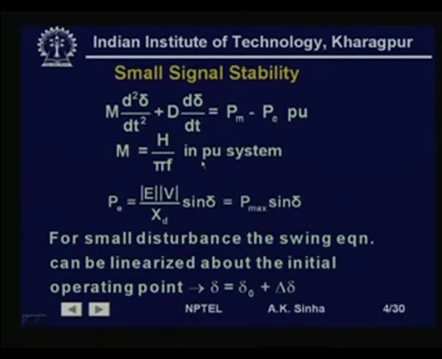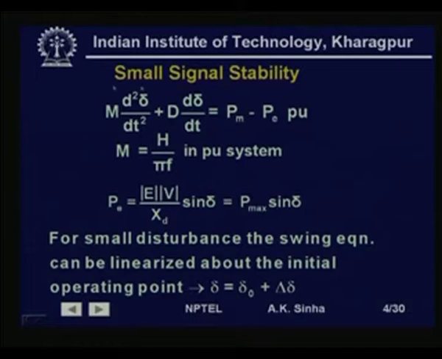about the operating point. So, for small disturbances, the swing equation can be linearized about the initial operating point, that is at delta is equal to delta 0, and we take a small perturbation of delta delta.